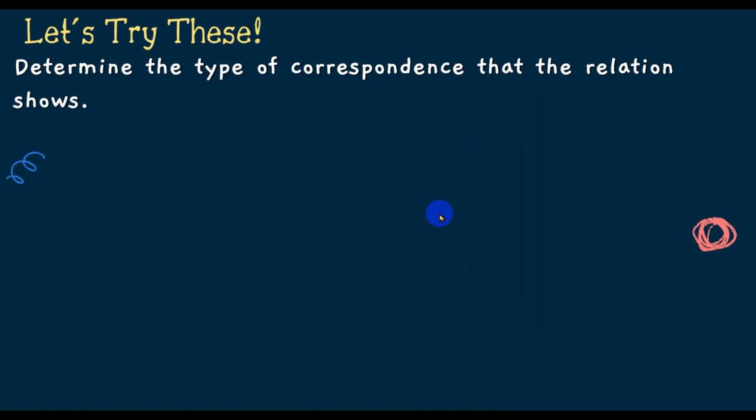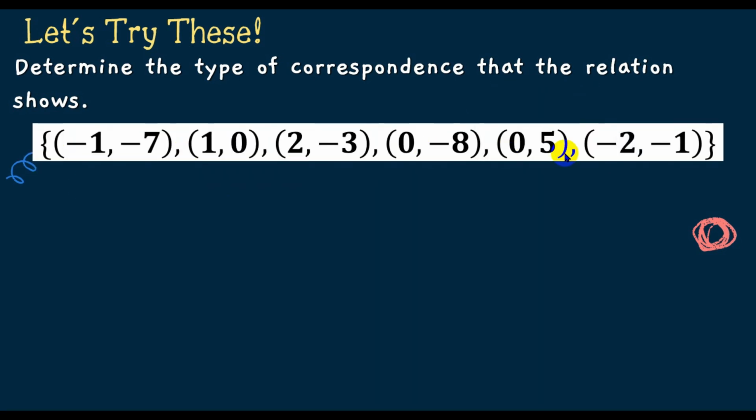Next, the last items. Here we have ordered pairs. And they are negative 1, negative 7, 1 and 0, 2 and negative 3, 0 and negative 8, 0 and 5, negative 2 and 1. So, the first thing na kailangan nyo tignan is yung x elements. Yung domain natin ang dapat natin tignan. So, meron po bang naulit na value ng x?